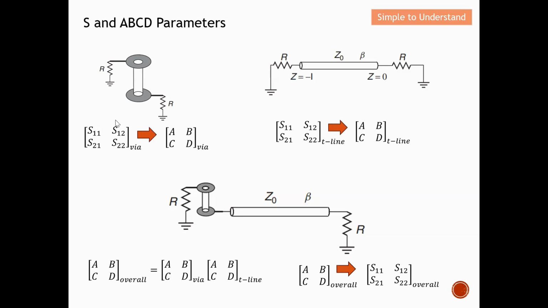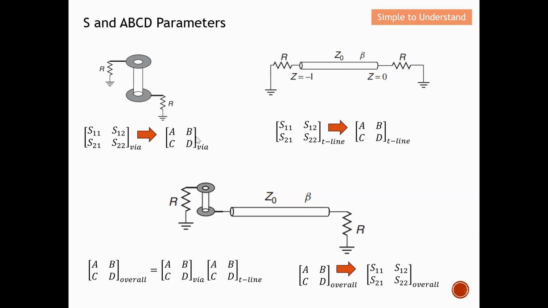For example, now we have these S parameters. Remember, when we cascade, we need to use ABCD parameters. So I have this S parameter, typically described in a data sheet, and I can convert these S parameters into ABCD parameters.